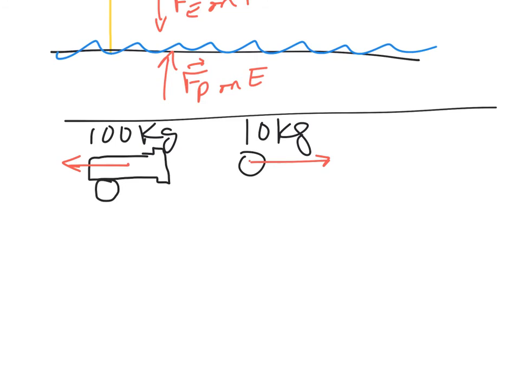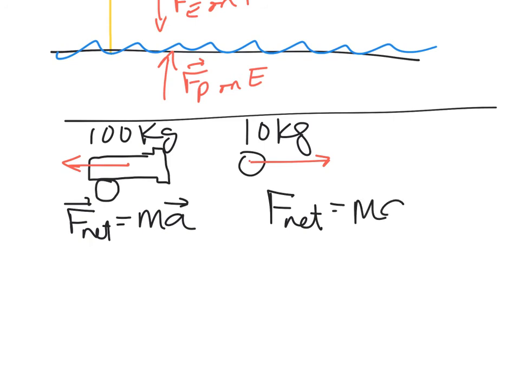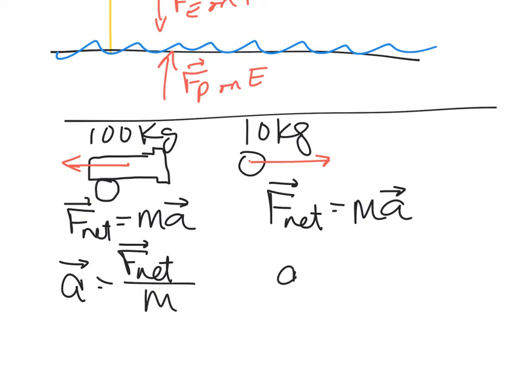So if we wanted to find out what is the acceleration of each of the objects, we know that our second law tells us the net force equals mass times acceleration, and we do that for each object. All right, and for each one, we solve for acceleration, and we have F net over mass. And as you can see from this equation, of course, the accelerations are going to be drastically different due to the mass.